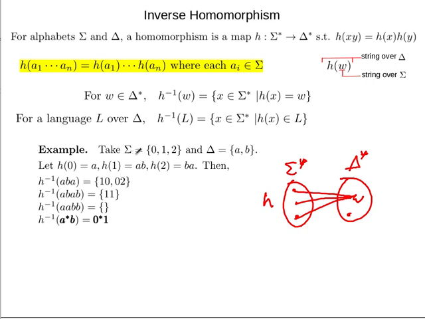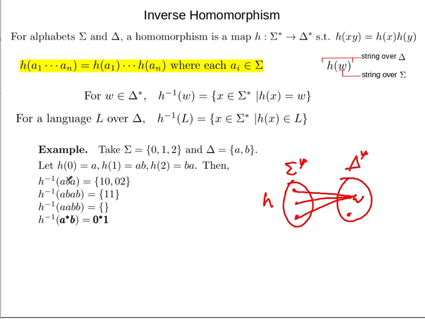For example, take this sigma. So sigma is 0, 1, 2 and delta is a, b, and you set up this homomorphism. H of 0 is a, H of 1 is ab, and H of 2 is ba. Okay. So now what is the inverse of aba?